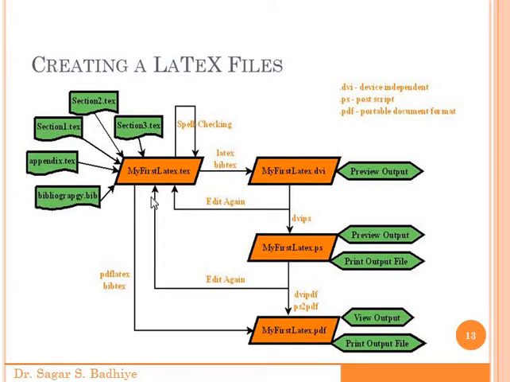In this example, we have merged 5 files named section1.tex, section2.tex, section3.tex, appendix.tex and bibliography.bib into a single file named myfirstlatex.tex. .bib files are used in LaTeX for references. It will be discussed in detail in the coming lectures.